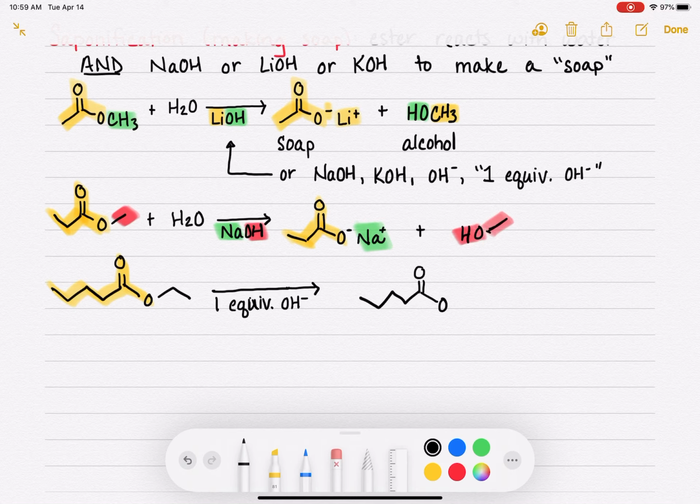And then look back up at our previous example. On the single bonded oxygen, we put our cation there. But in this example, we don't know what the cation is. They're not telling us. It just says OH minus. Could be LiOH, could be NaOH, could be KOH. We don't know. Since we don't know, we can't write it over here. So we have to just leave this as O minus. And we don't have Na plus or Li plus or K plus to add to it.